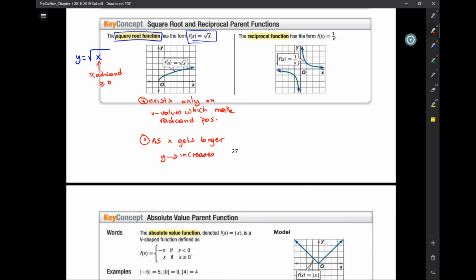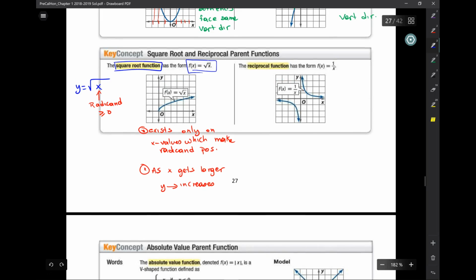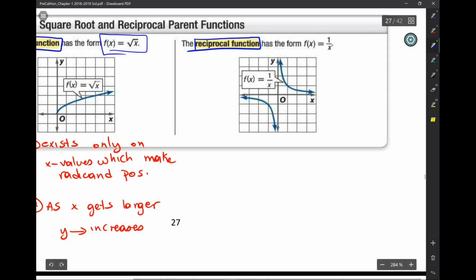Okay? All right. Let's talk about the reciprocal function. This is one of my favorites. Reciprocal function has the equation f of x is 1 over x. So first of all, just looking at 1 over x, what values can x not have? 0, right?